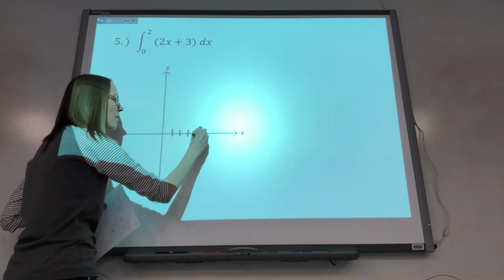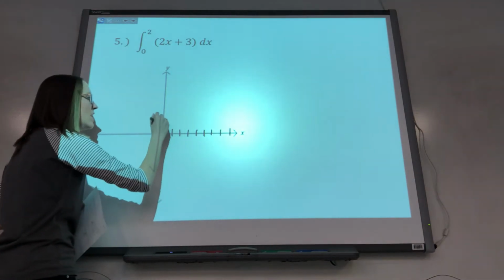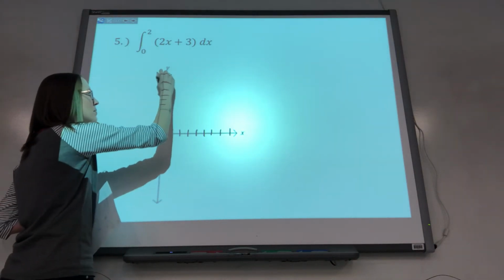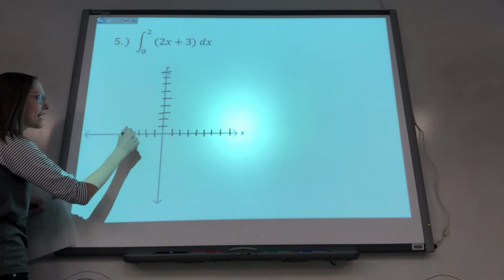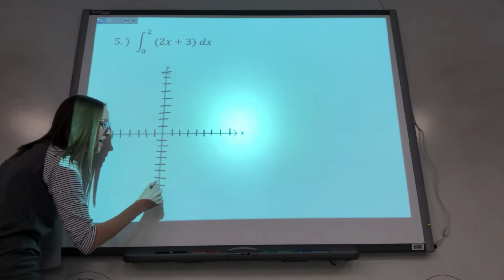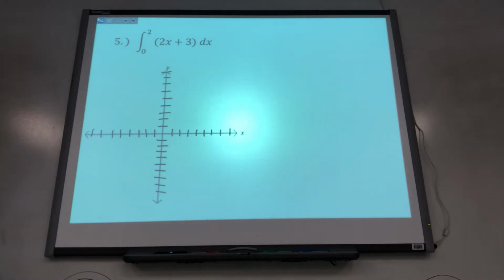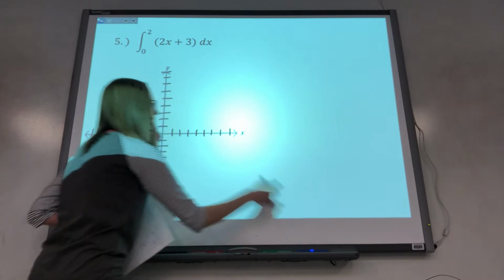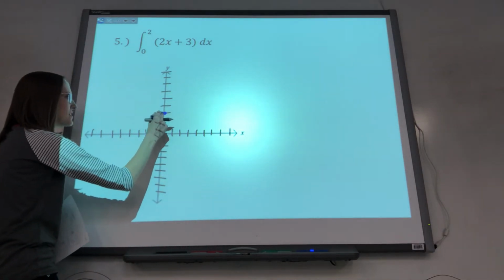So let me get a couple, or probably more than a couple, values labeled on my y-axis. Your graphs will probably look better because you have lines. So 2x plus 3, here's my y-intercept.